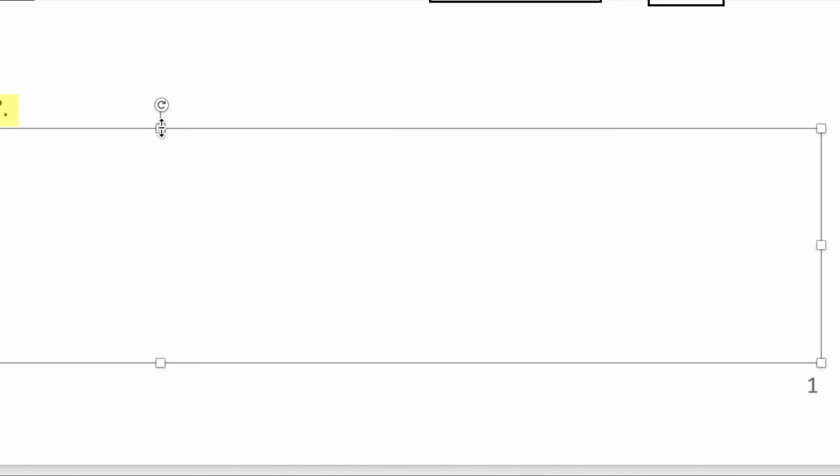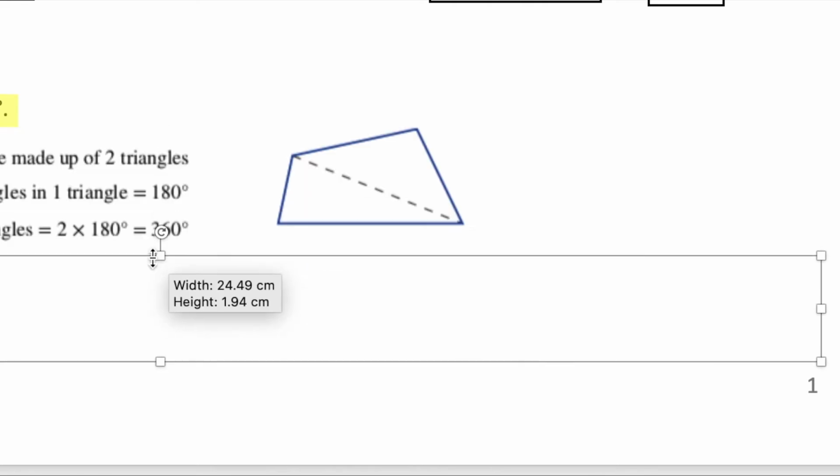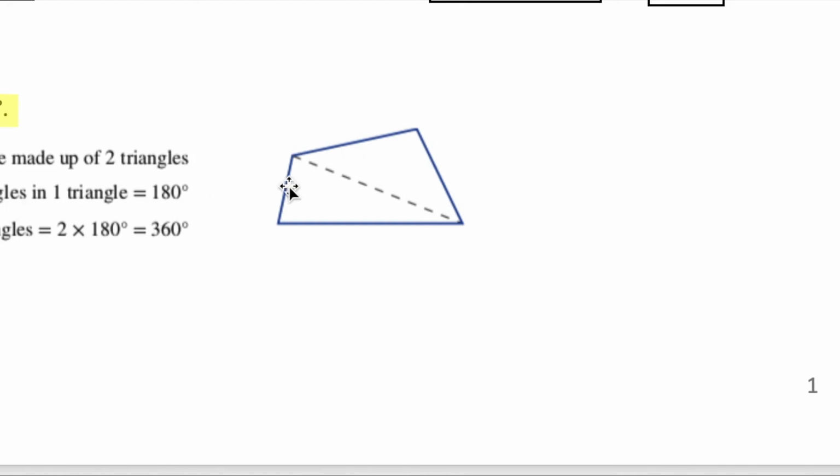So if we look at an example here, we can see I have a quadrilateral drawn. This quadrilateral is not a parallelogram. It has four sides, but it's not a parallelogram. It's an irregular quadrilateral. And if I split it in half, I get two triangles.